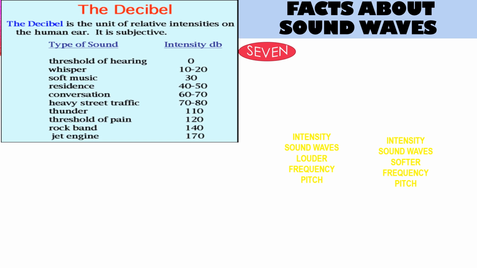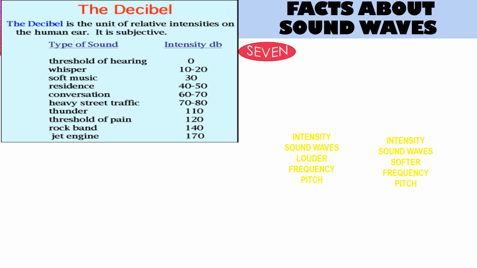Okay? So, mamaya pag-usapan natin yung decibel. The decibel is the unit relative to the intensity of the sound on the human ear. So, sinabi natin decibel, it is the unit of sound. So, threshold of hearing, so yan. Ito dapat yung tandaan. Yung 170 is really hurt. Painful na sa tenga natin.